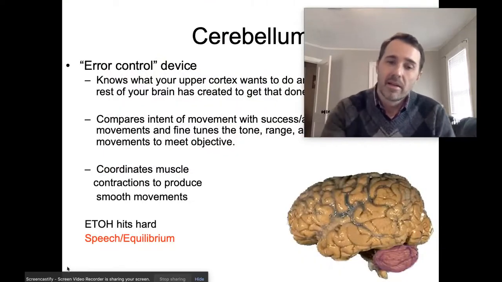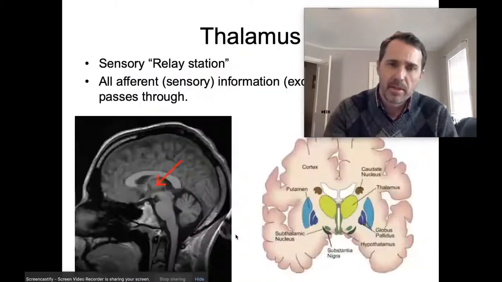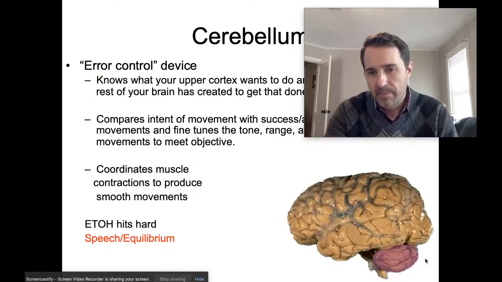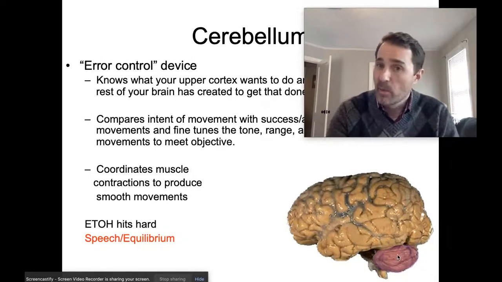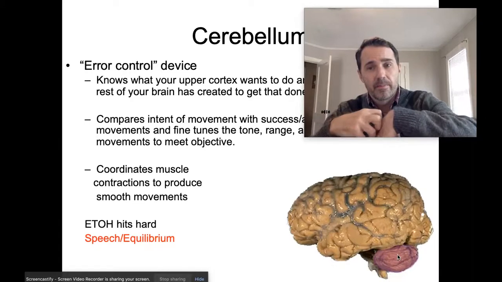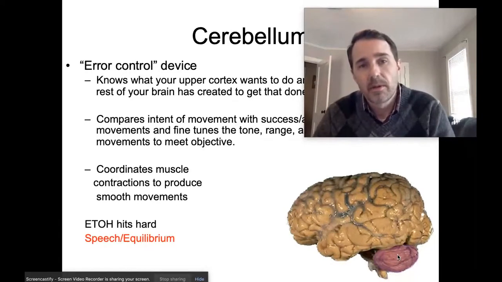All right, the last subcortical structure we're going to talk about is the cerebellum. And it is this highlighted little piece of your brain back here that, as we've already said, is attached to the pons, and it's under the occipital lobes.